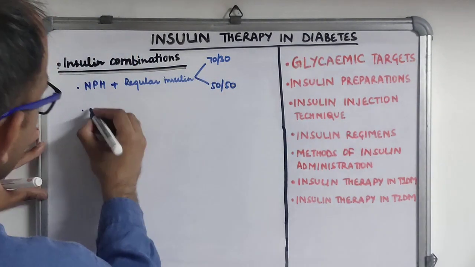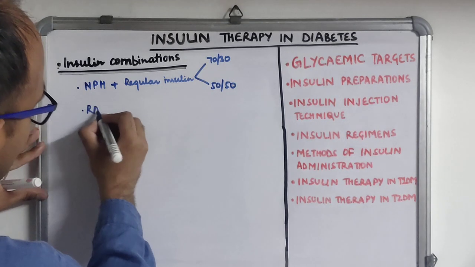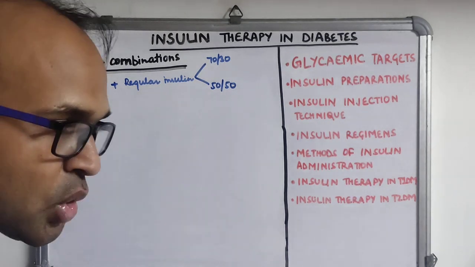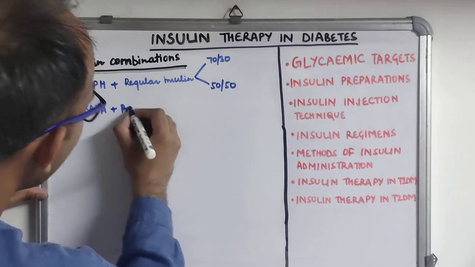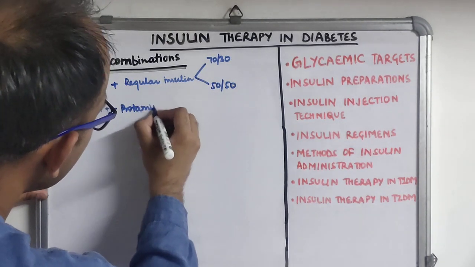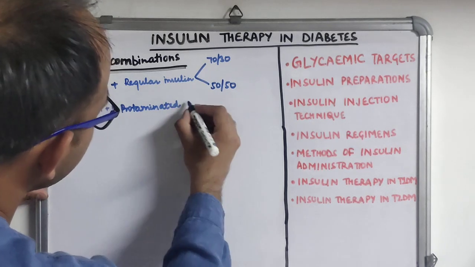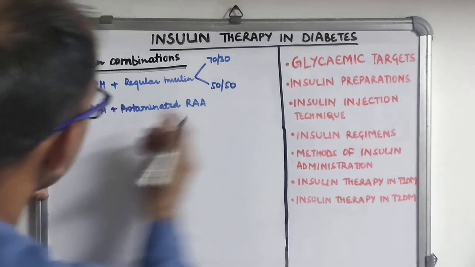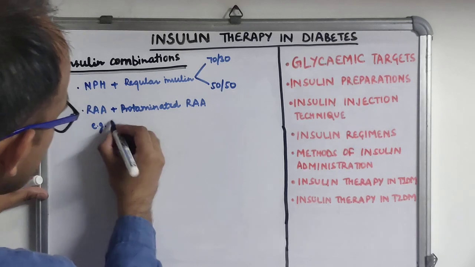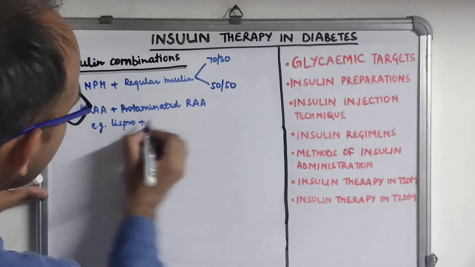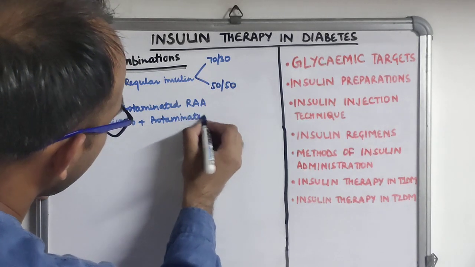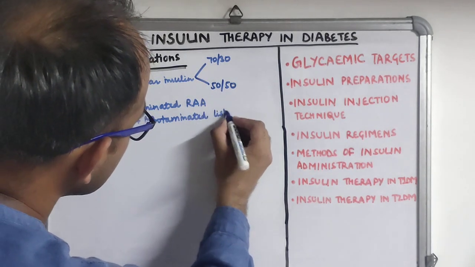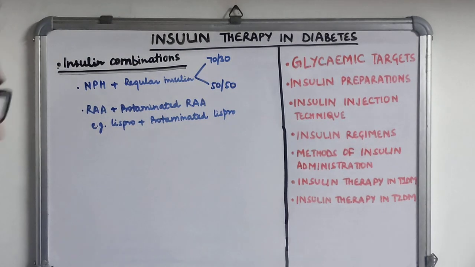Then we have rapid acting analogs like insulin lispro, insulin aspart, insulin glulisine, plus protaminated forms of these rapid acting insulins. Example, lispro plus protaminated lispro, so that it becomes long acting. So these are the insulin combinations.